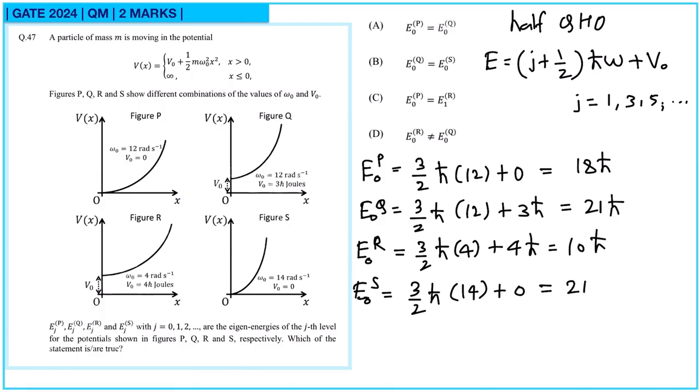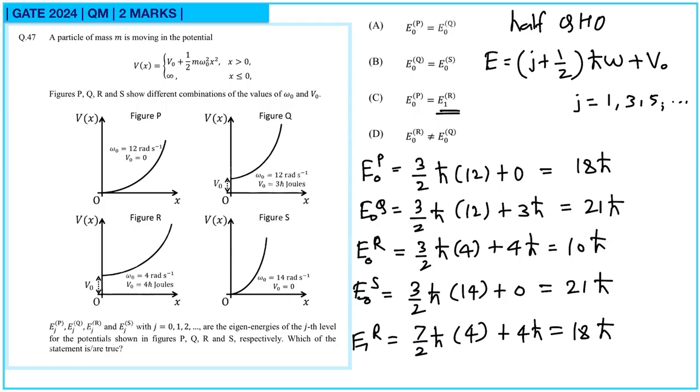So this is equal to 21 h cut. And one more thing here, E1R. For E1R, the value of J will be 3 now. So 3 plus half, which is 7 by 2 h cut, and omega for R is 4, plus 4 h cut, and this is equal to 18 h cut.